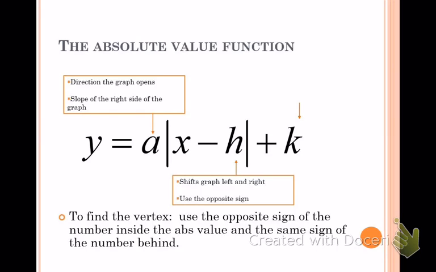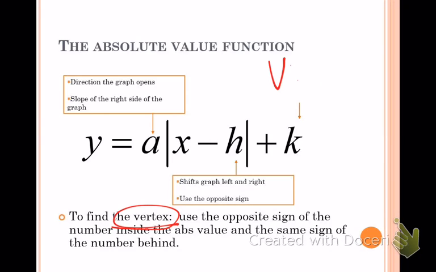And when we added a number in there, instead of moving to the right, it actually shifted to the left. So we're going to use the opposite sign. Now, left and right is the direction of the x-axis. So when we start talking about the vertex, h is going to be the x-coordinate for our vertex point. Okay, so we want to keep that in mind.